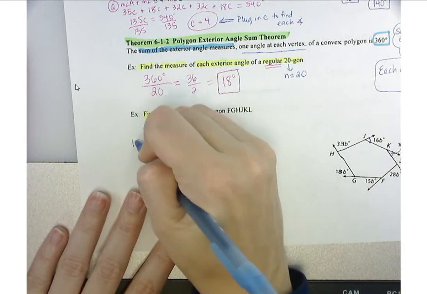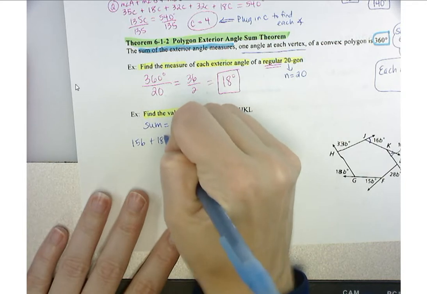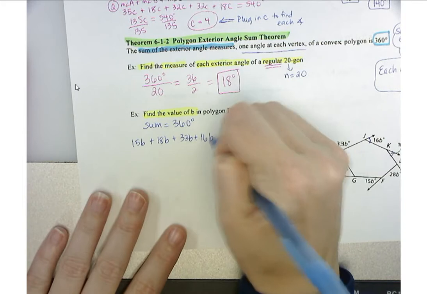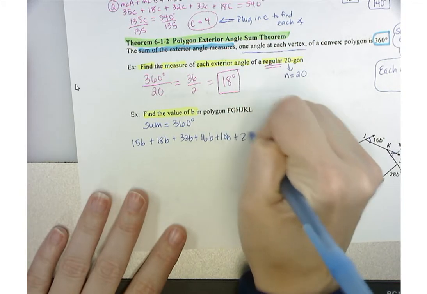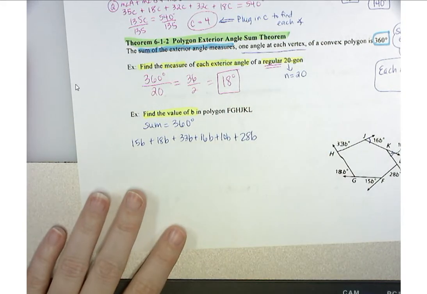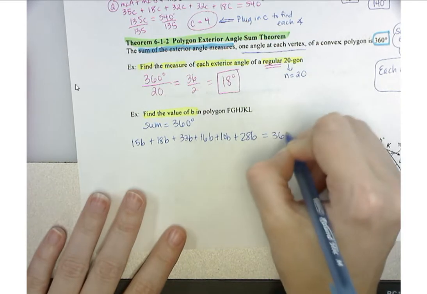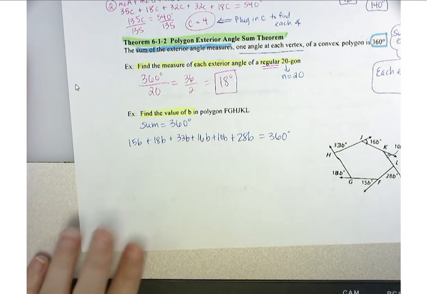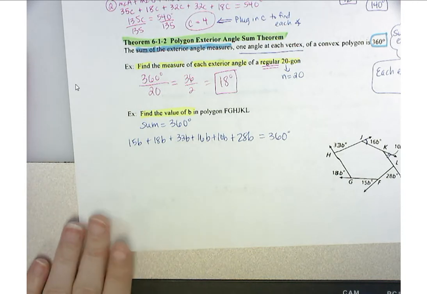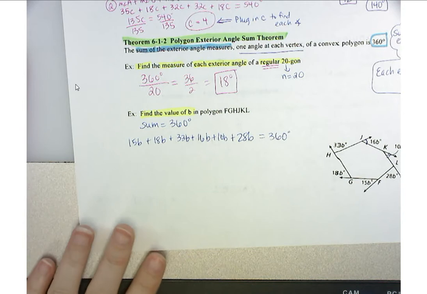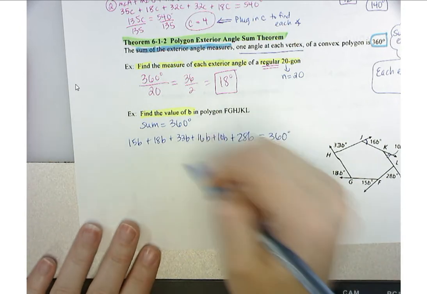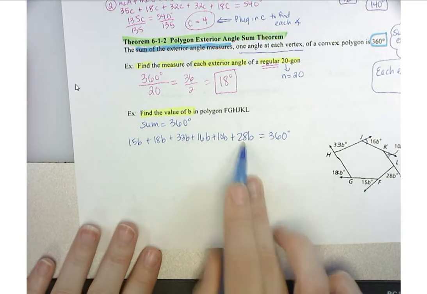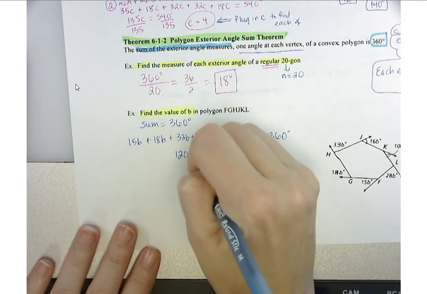So 15b plus 18b plus 33b, 16b, 10b, and 28b. I'm finding the value of b, I set it equal to 360. And then when you add the coefficients, you guys got 120. So 15 plus 18 plus 33 plus 16 plus 10 plus 28 is going to be 120.